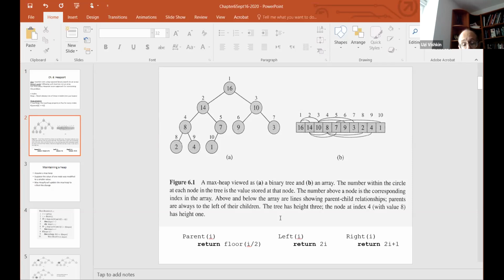Now, you can also go in the reverse direction. If you are a node somewhere here, say node 9, where is my parent? The answer: take my index, which is 9, divide by 2, which would be 4.5, and take the floor, which is 4. So where is the parent of node 9? It's in location 4.